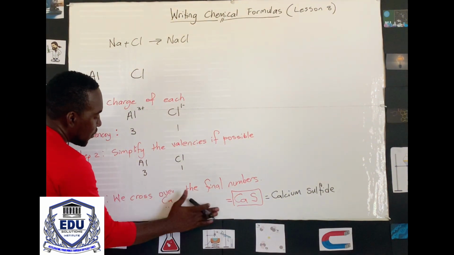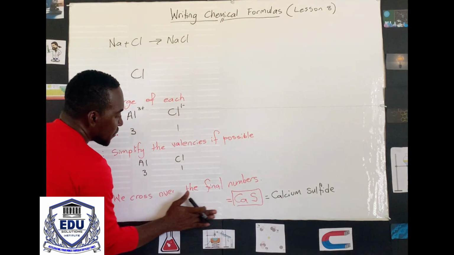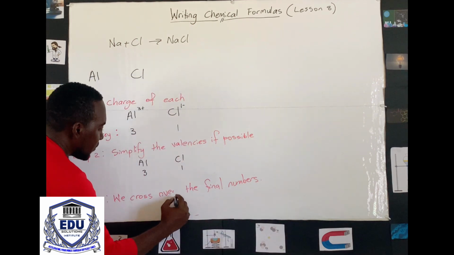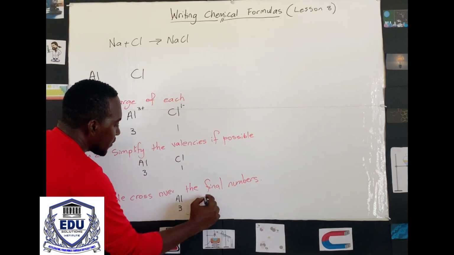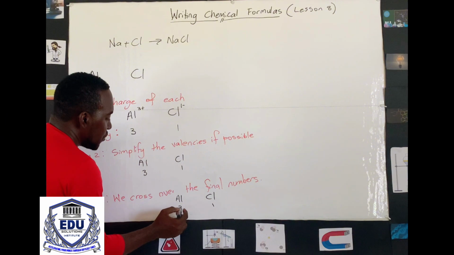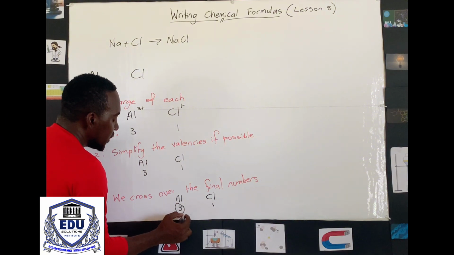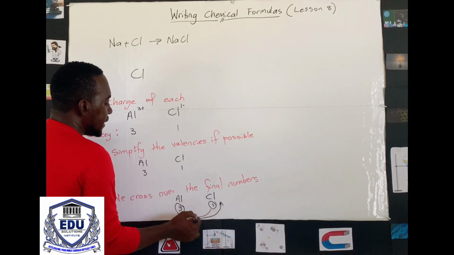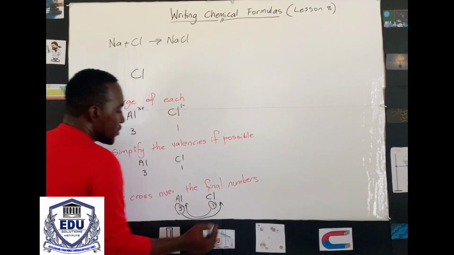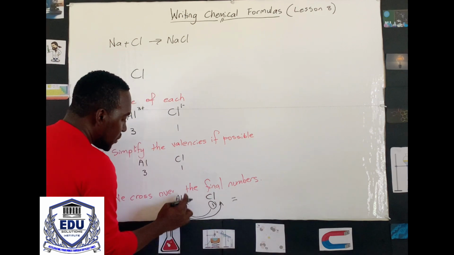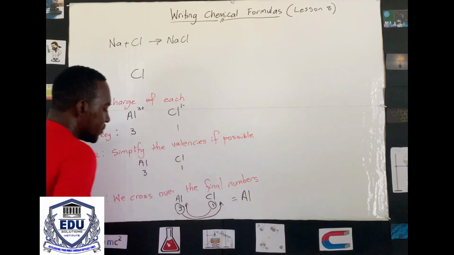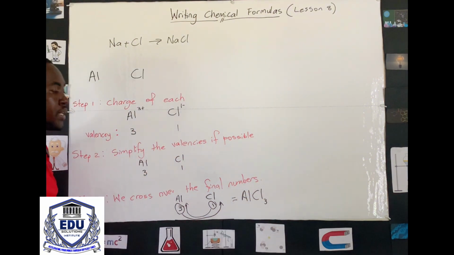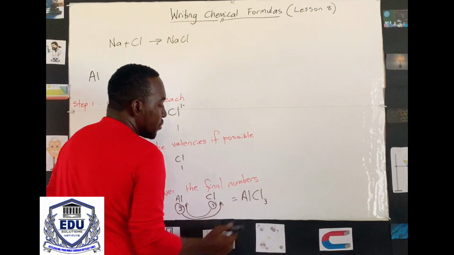So the final step now is to do that crossover. So we have aluminum 3, Cl 1. The aluminum will take this 3 over to chlorine, and this chlorine 1 will take it over to aluminum. So we get 1 aluminum, that's just Al, but we get 3 chlorine, so that's Cl, and we put the 3 here to represent 3 chlorines.